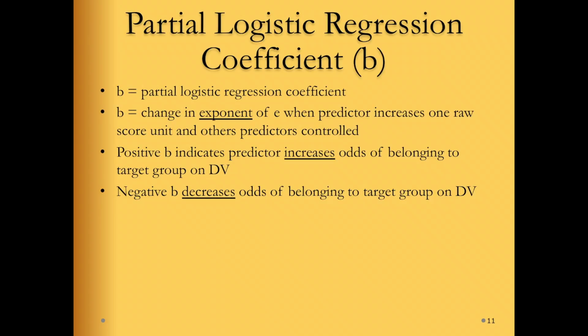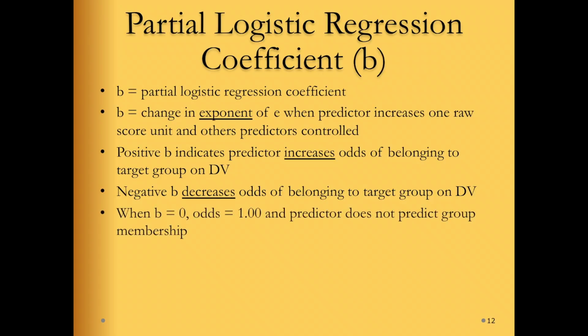We would say such a predictor is a protective factor or a resilience factor. The odds ratio for this predictor will be less than 1. When B equals 0, the predictor fails to predict group membership in the criterion, and the odds ratio for that predictor will be 1.